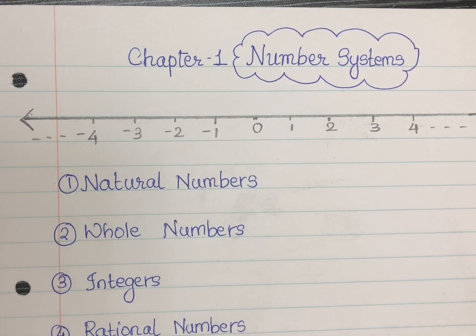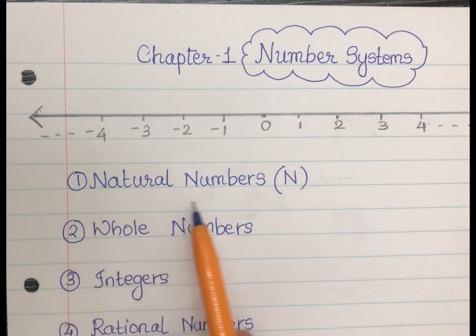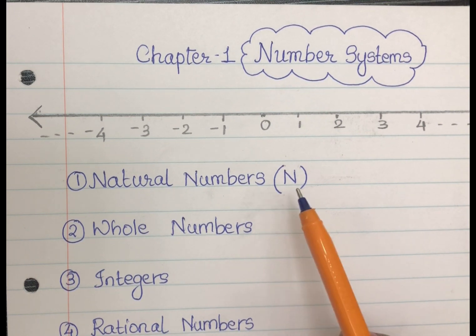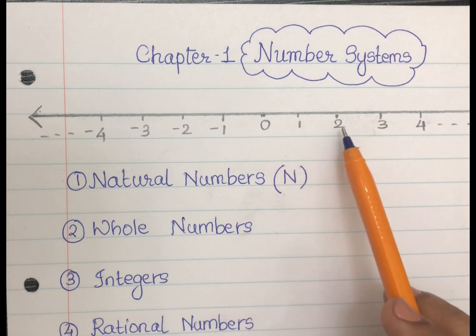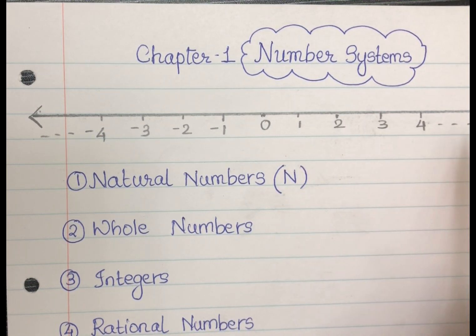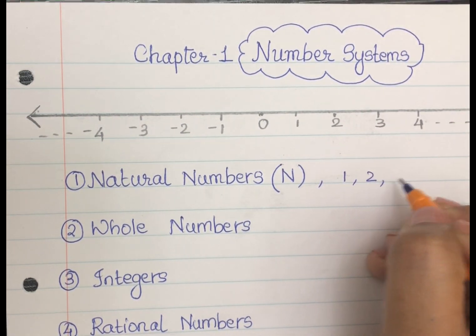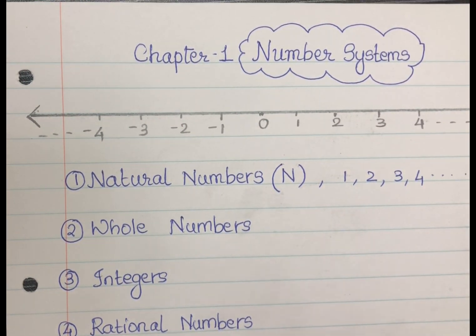We are going to categorize the numbers. The first category is natural numbers. We denote it as N. And you all know that natural numbers are the numbers 1, 2, 3 and so on until the end. So the natural numbers are 1, 2, 3, 4 and so on, right?